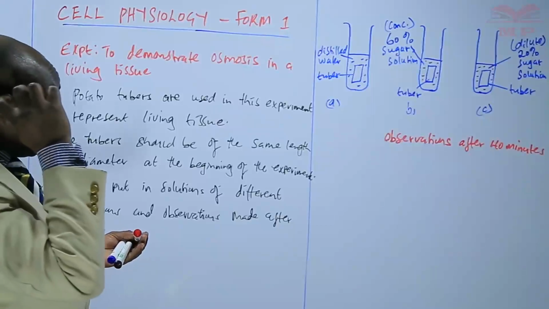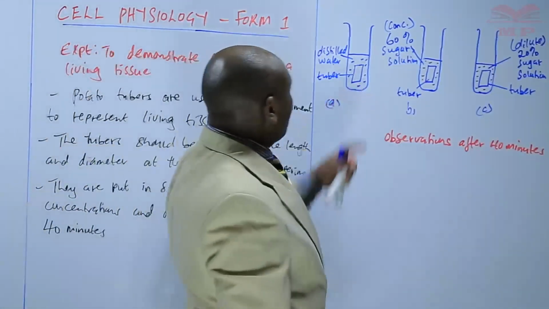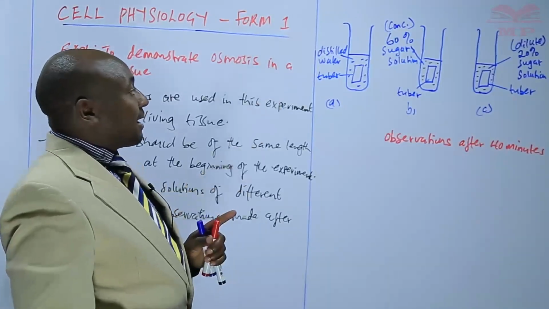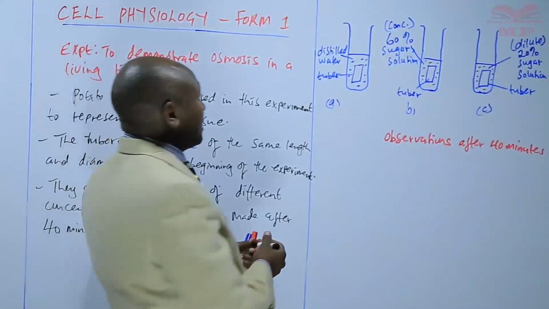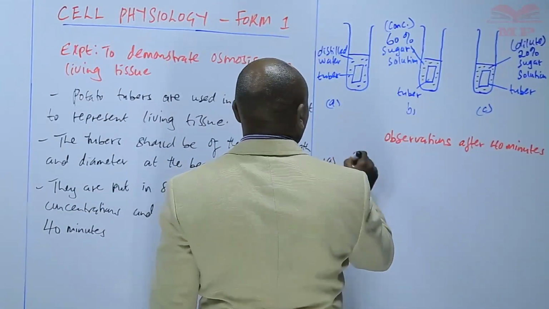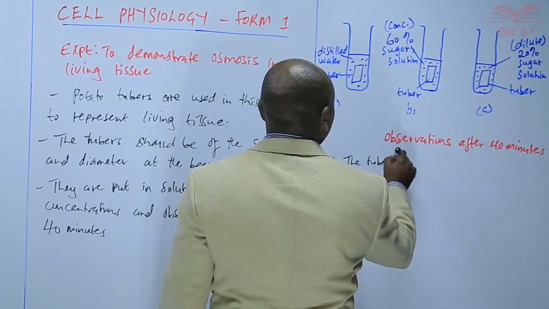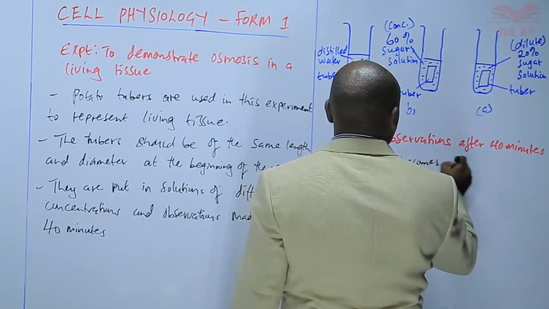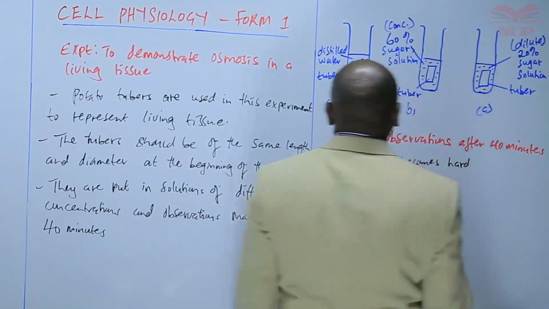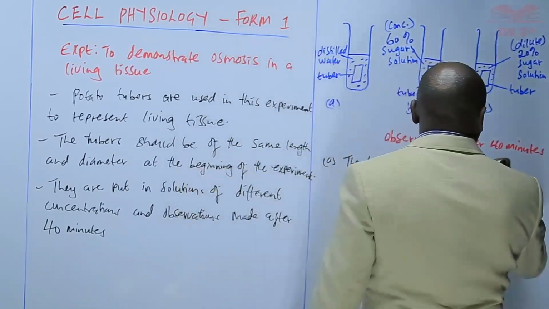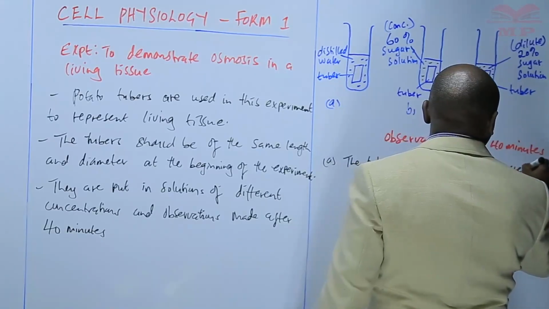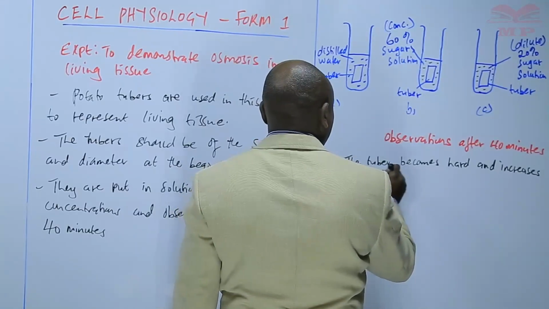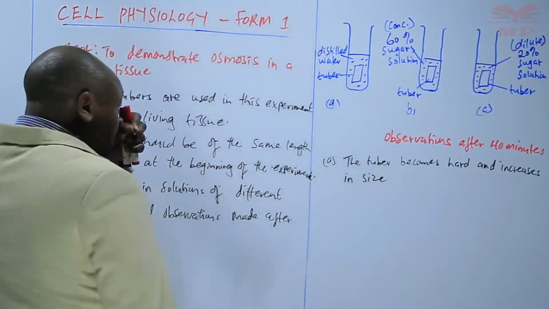Now, the first tuber has been put in distilled water, which is hypotonic. So as a result of that, the tuber becomes hard and increases in size.